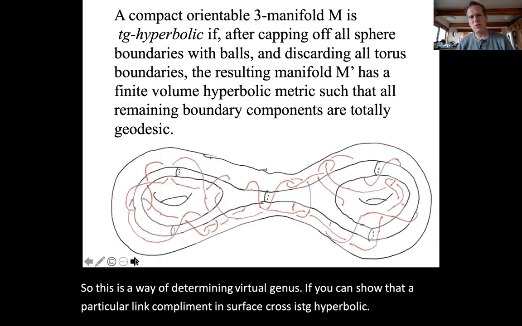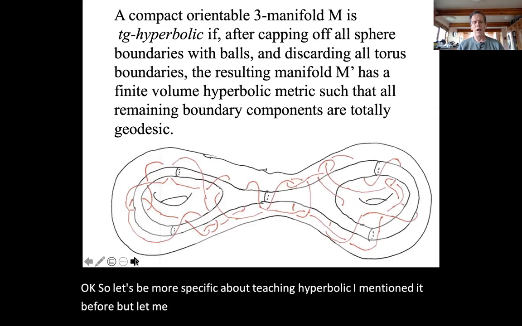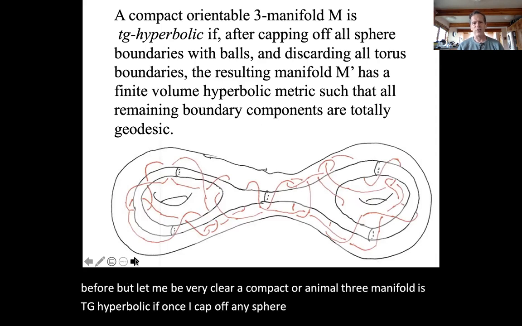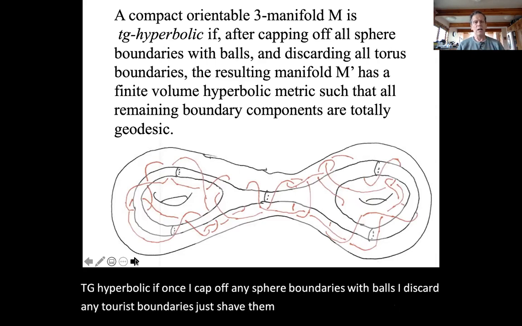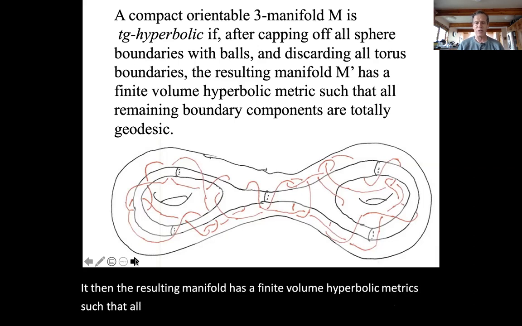Okay, so let's be more specific about TG hyperbolic. I mentioned it before, but let me be very clear. A compact orientable 3-manifold is TG hyperbolic if, once I cap off any sphere boundaries with balls and discard any torus boundaries, just shave them off, then the resulting manifold has a finite volume hyperbolic metric such that all remaining boundary components are totally geodesic.